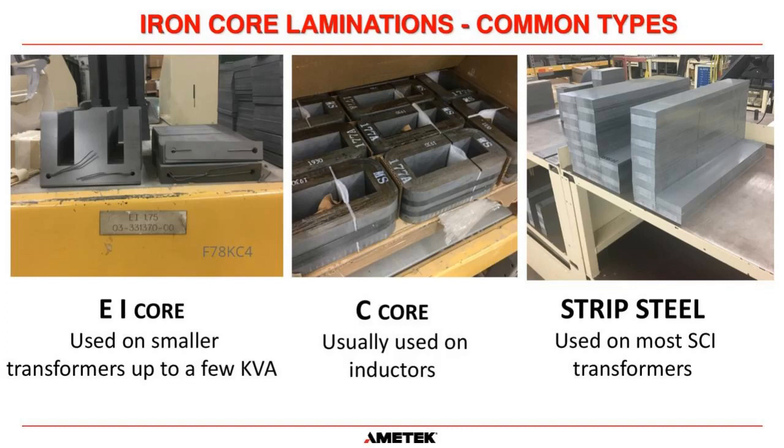When this is used as an inductor, there will be an insulating material between the gaps on this C core to avoid saturating this core. On the right is strip steel that is cut on a machine at our factory.